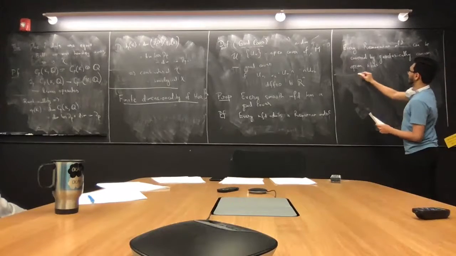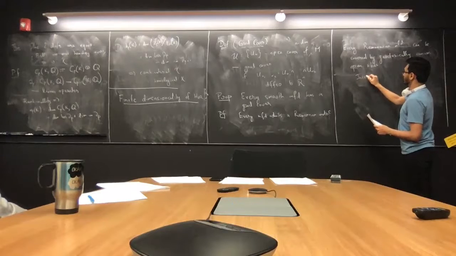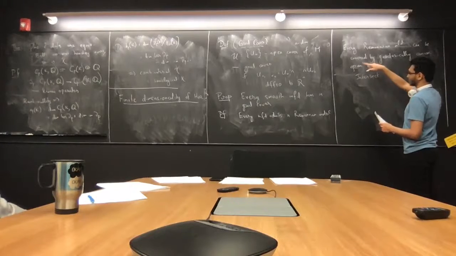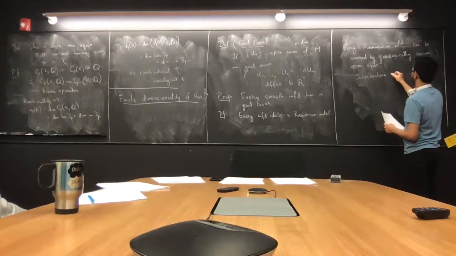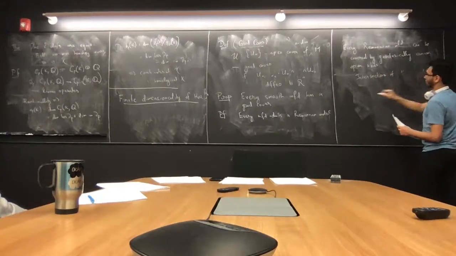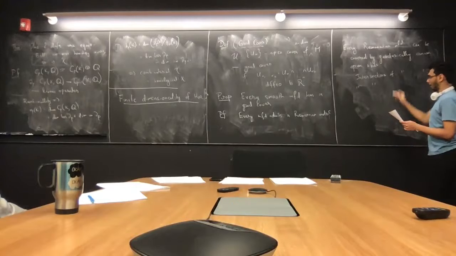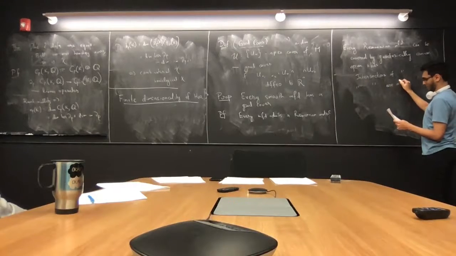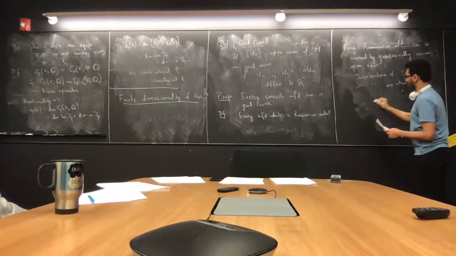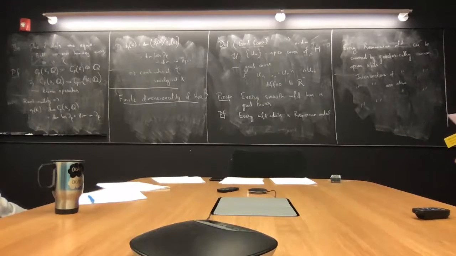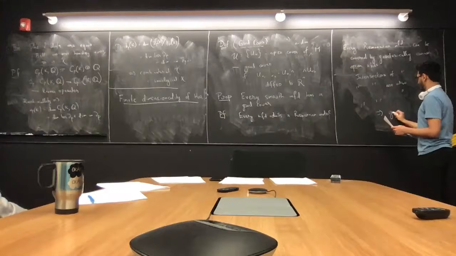Similarly, once we have this open cover by geodesically convex open neighborhoods, intersections of geodesically convex open neighborhoods are also geodesically convex open neighborhoods, which means that we have a good cover.